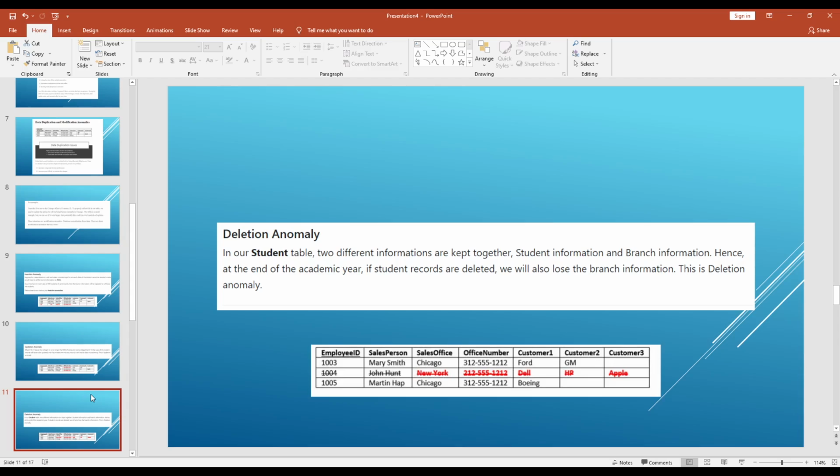Deletion anomaly occurs when you delete a record that may contain attributes that shouldn't be deleted. This is deletion anomaly.